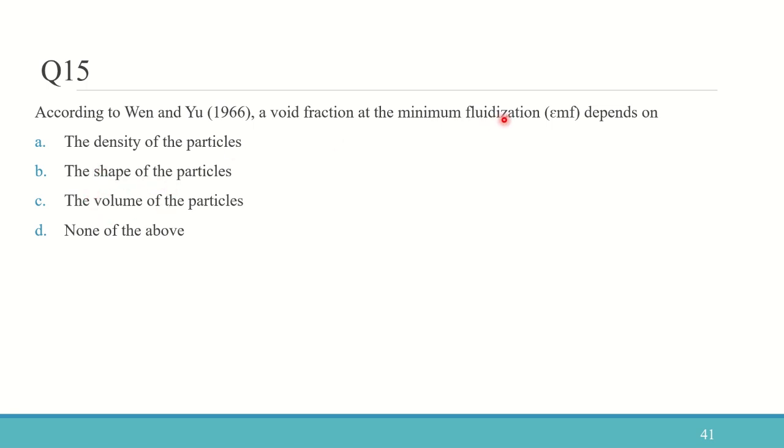The void fraction at minimum fluidization depends on shape of the particles according to Wen and Yu. It is not according to anyone else. If it is a general question, shape might not be as effective an answer, but according to Wen and Yu, it depends on the shape of the particles. So that is question 15.